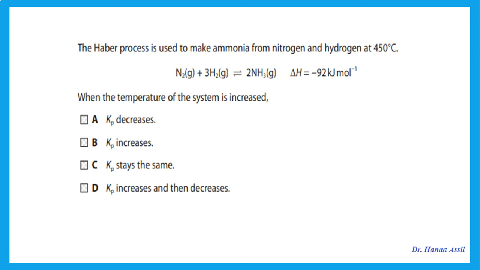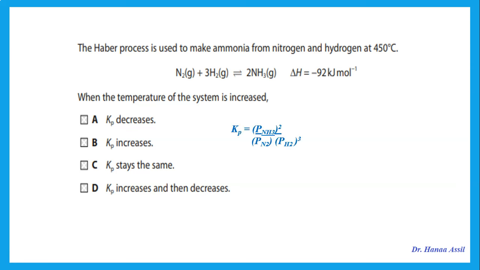So this question says the Haber process is used to make ammonia from nitrogen and hydrogen at this temperature. When the temperature is increased, what happens? Now, if we increase the temperature, first of all, this reaction, the forward is exo, and we said if we increase temperature, it goes to the side that is endo.